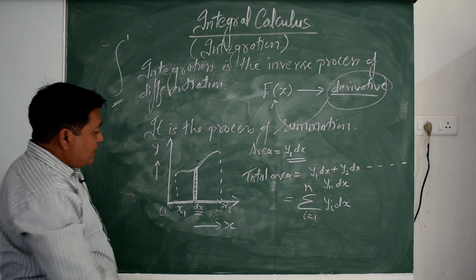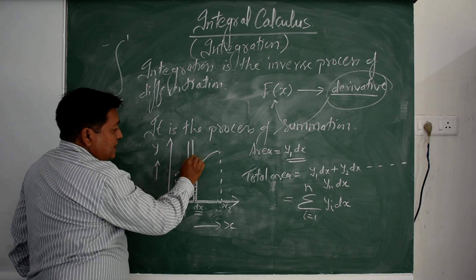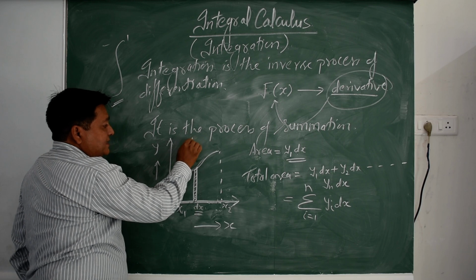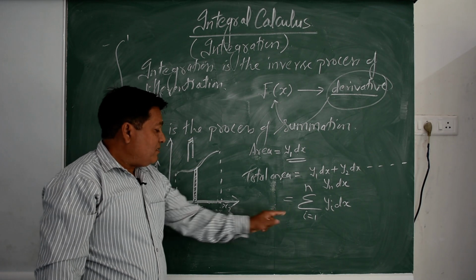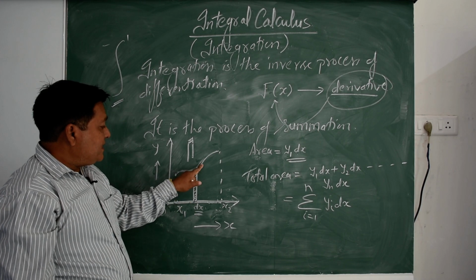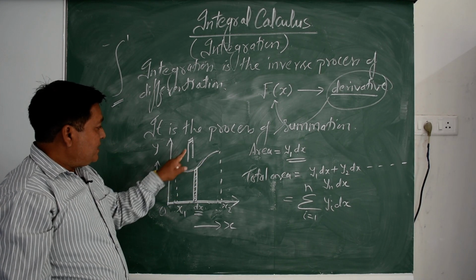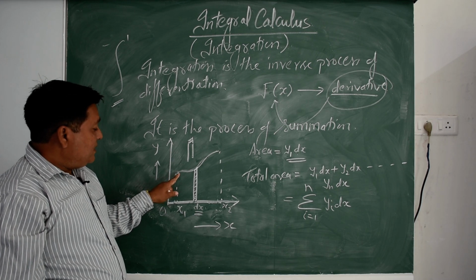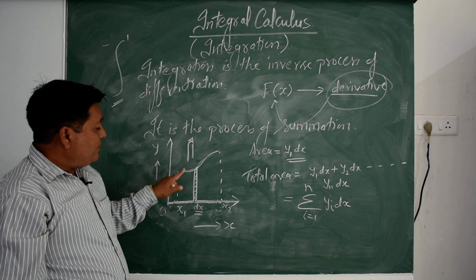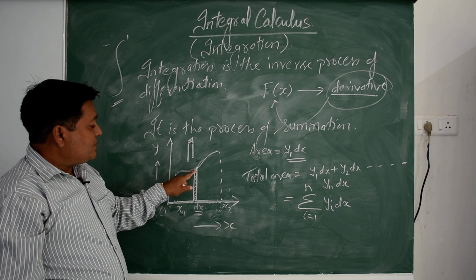Now, to overcome this problem with the strips, we cannot use the sigma symbol, because there may be differences in the curve at the tips of each strip from here to here.